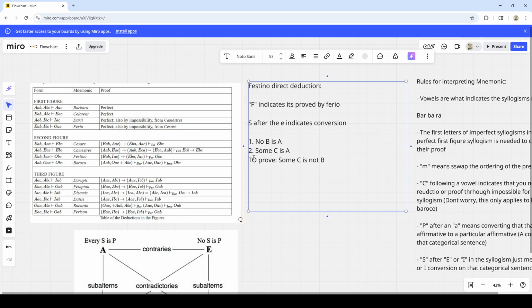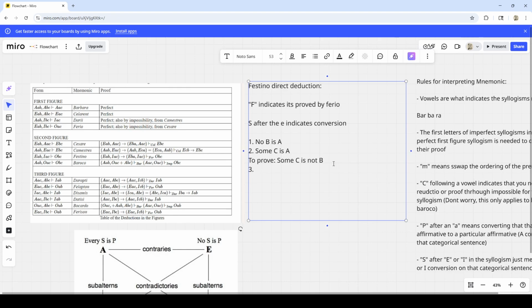If we want to prove that, realize that the S after the E indicates the conversion. There is no M, that means no swapping. So we can really restate just the first premise. No B is A, and then we convert premise 1.